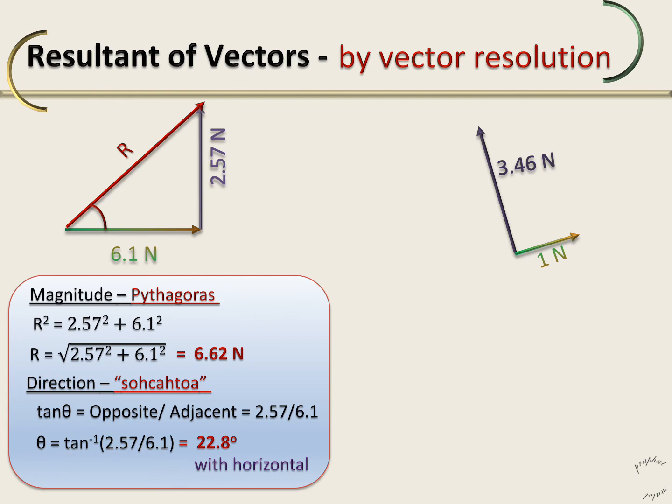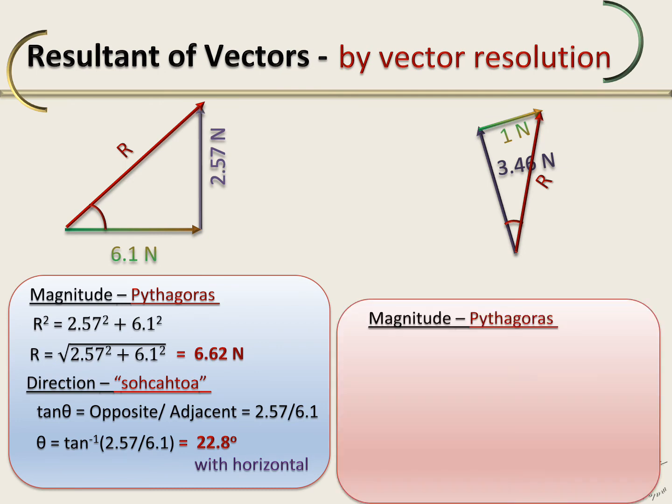Now it looks like the triangular law. What you need to know is just move one vector. Any vector you can move, but here I am moving 1 Newton in such a way that the vectors look continuous. Then draw the resultant in the opposite direction and you get the resultant, and even the angle you can calculate.